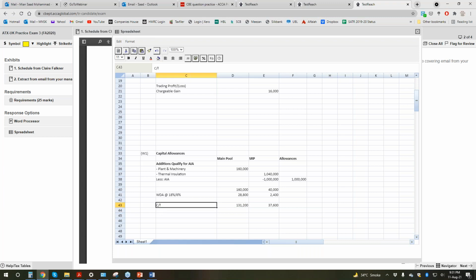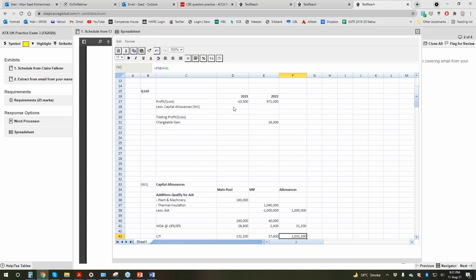Because I know these are the allowances, I can put a formula here as well, this plus this, and here I can again put the formula this plus this. These are my allowances. Now I can go here and link it, so if I make any mistake later on and I correct it, it can adjust my complete answer.